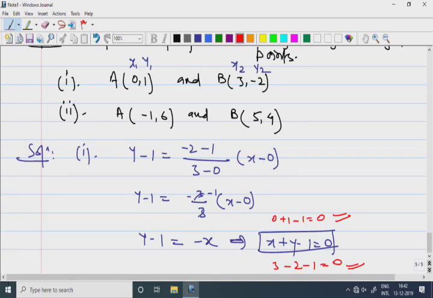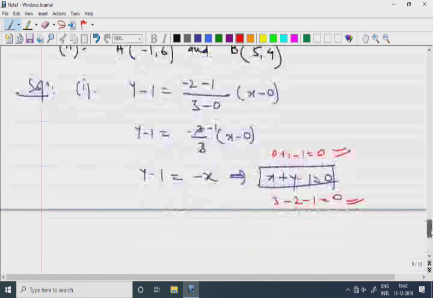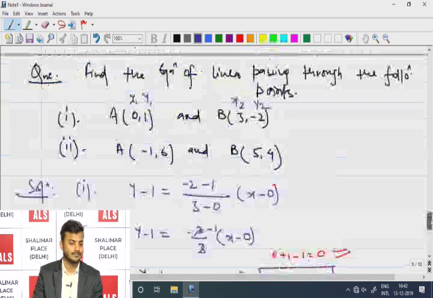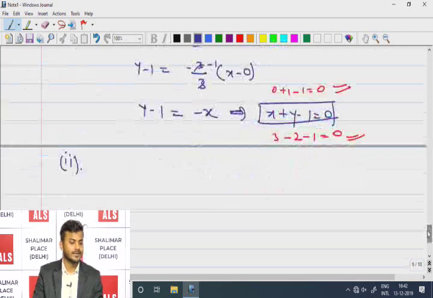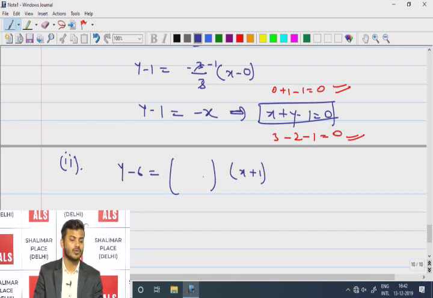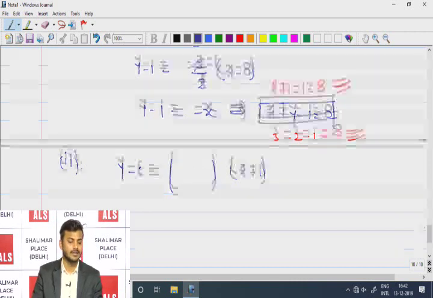Second is A is (-1, 6) and B is (5, 4). So let's solve this, the second case. You are going to get y minus 6 over x plus 1.